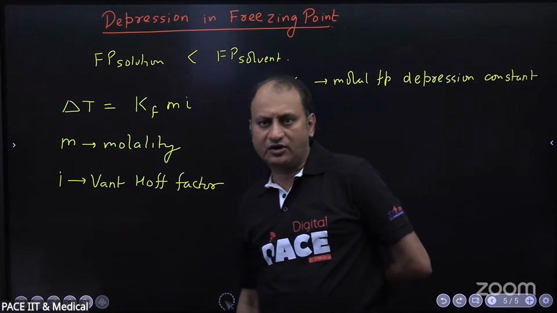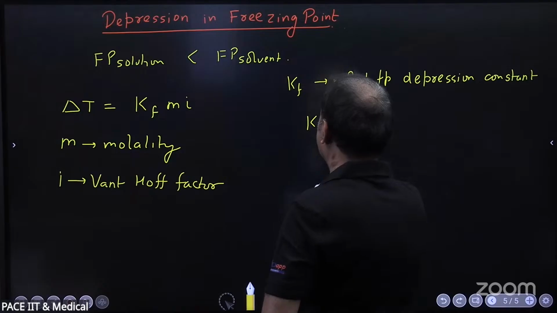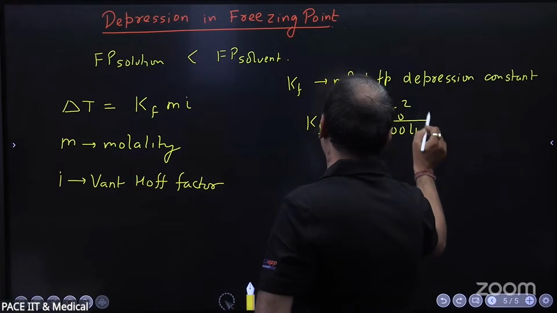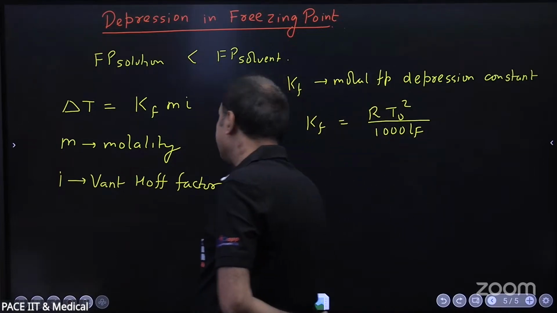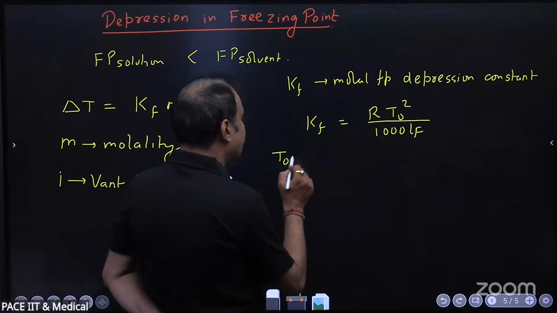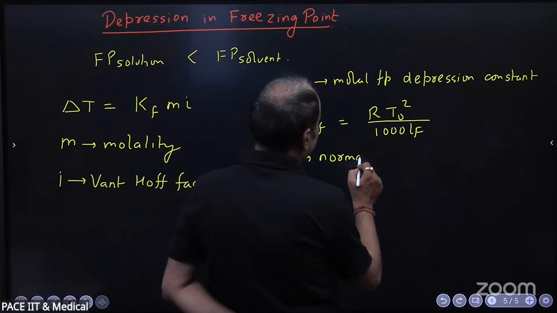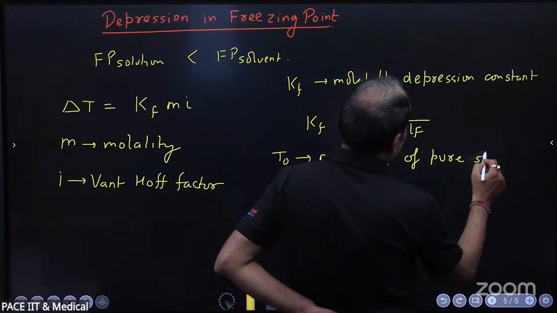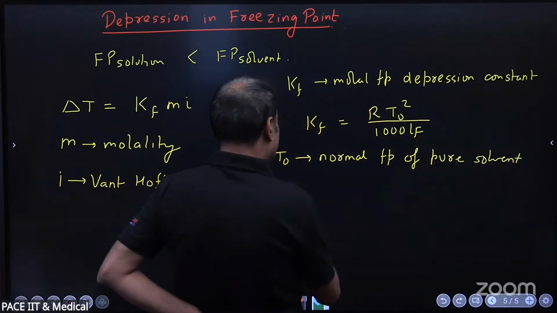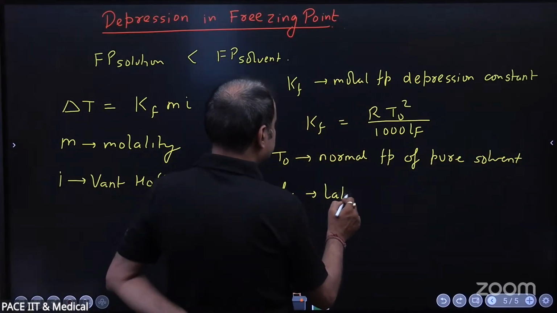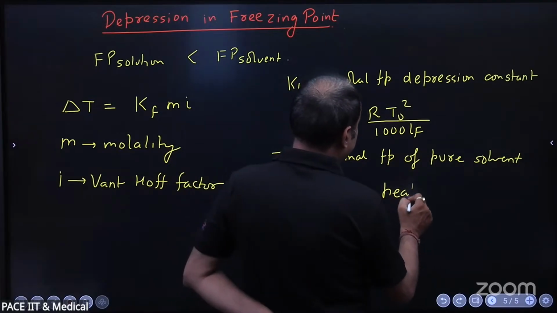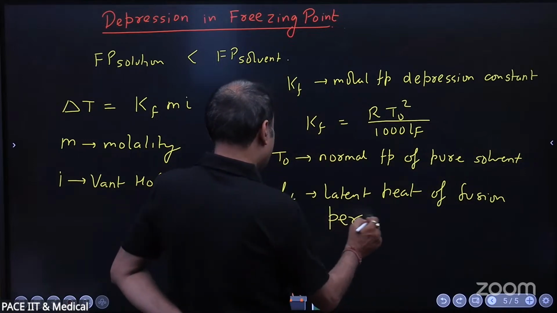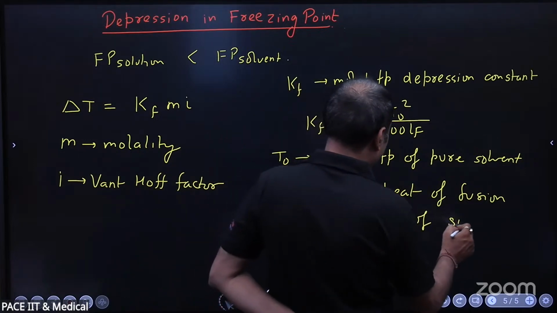Or cryoscopic constant. And again, its expression is given by Kf is R T naught square by 1000 Lf, where R is the universal gas constant, T naught is the normal freezing point of the pure solvent, and Lf is the latent heat of fusion per gram of solvent.